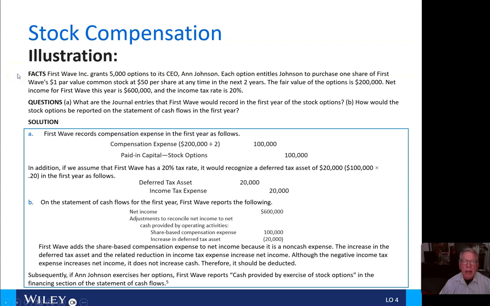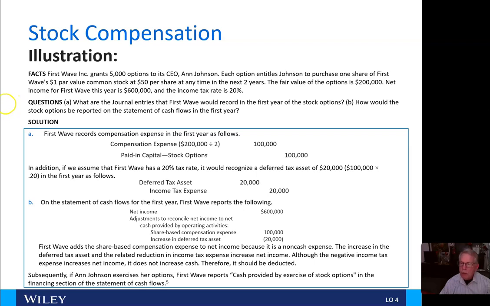Each option entitles Johnson to purchase one share of First Wave's $1 par value common stock at $50 per share at any time in the next 2 years. The fair value of the options is $200,000. Net income for First Wave this year is $600,000, and the income tax rate is 20%.